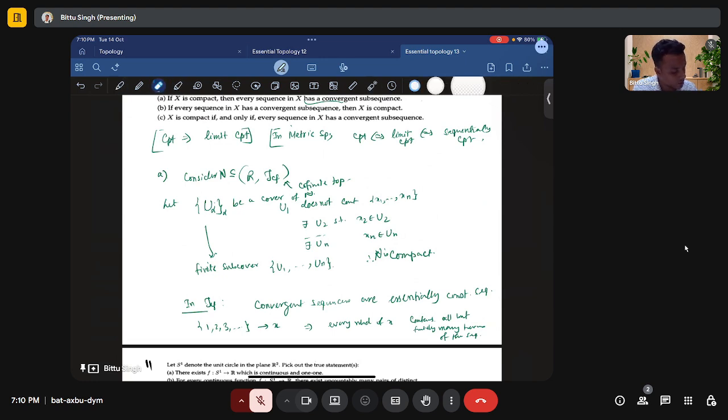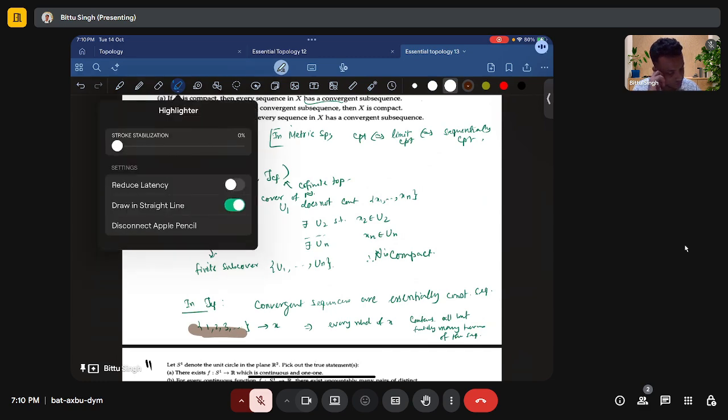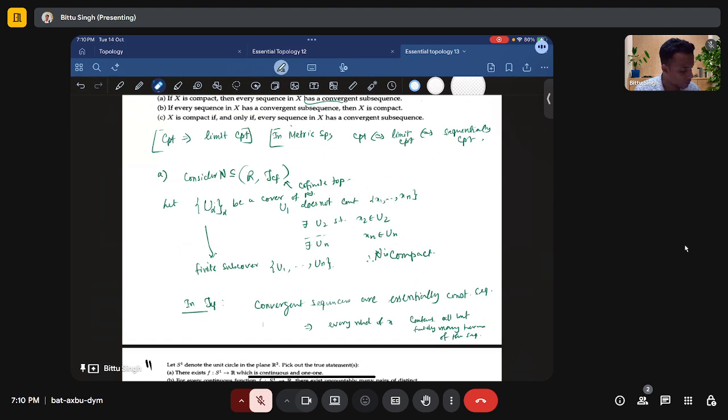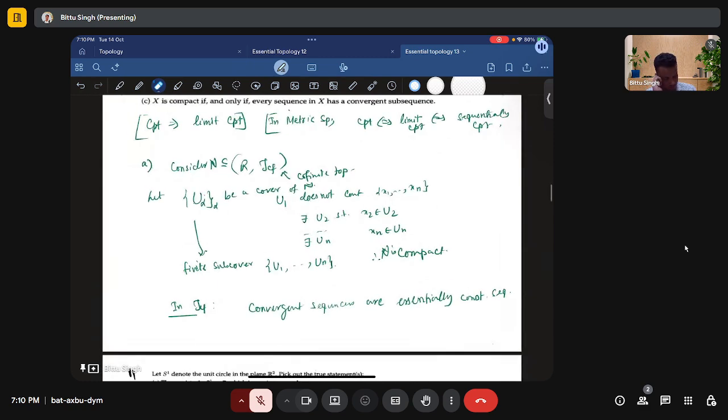Currently, I am unable to prove this fact, but you can check. You can try it later. This will be essentially a constant sequence. Every convergent sequence is essentially constant in the cofinite topology.